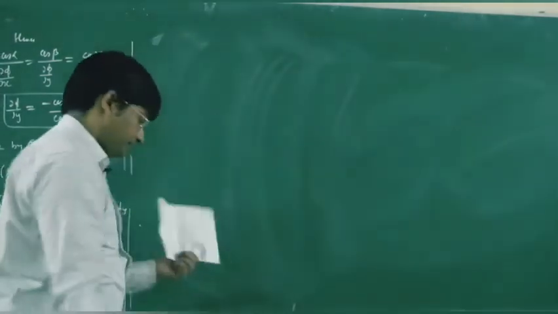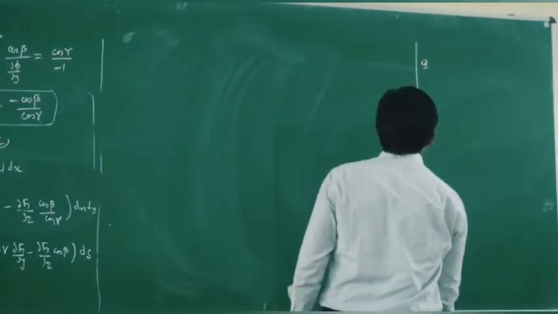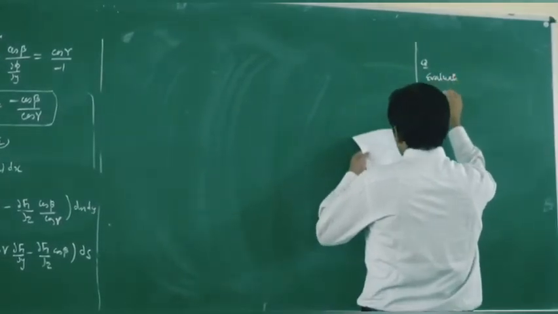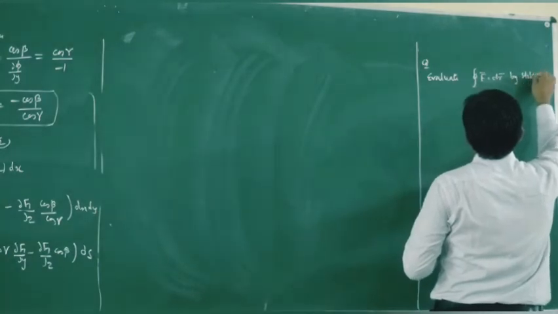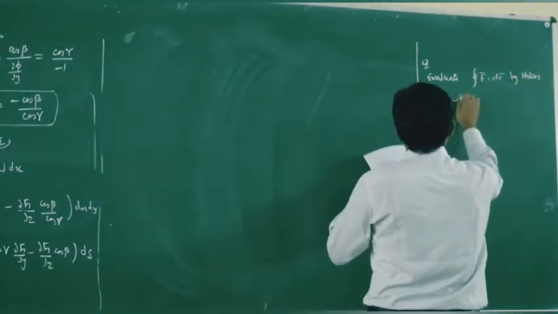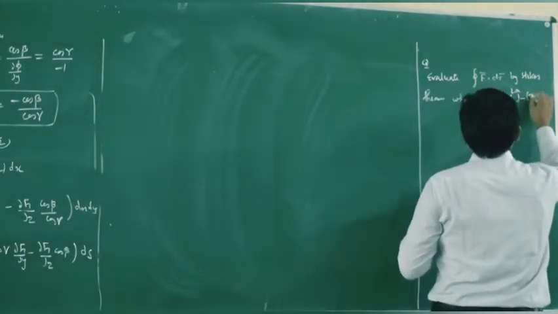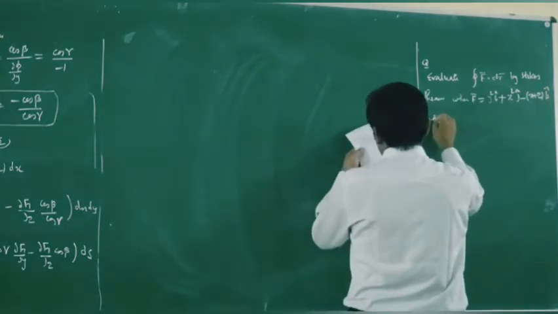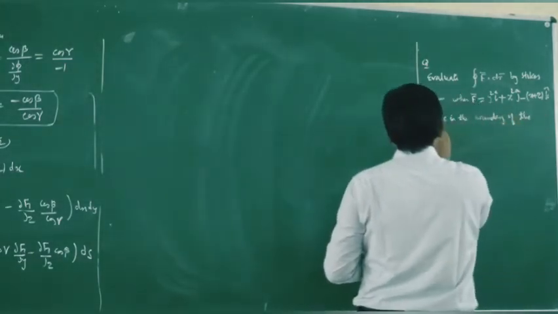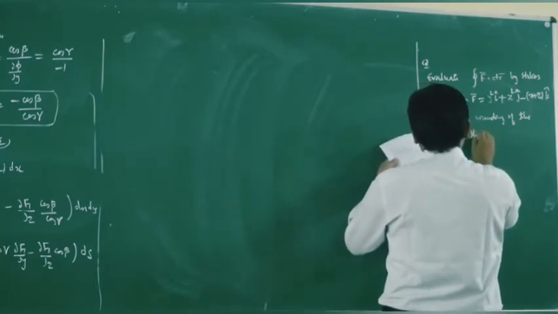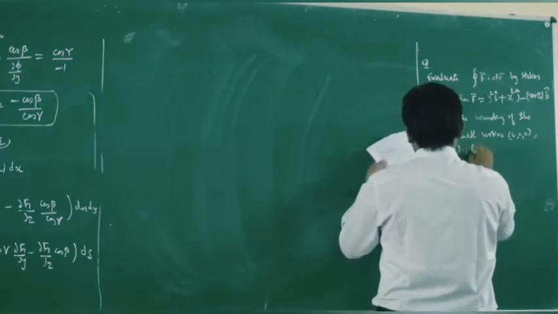So our first question is to evaluate the line integral by Stokes theorem, where your F is equal to y squared i plus x squared j minus (x plus z) k, and C is the boundary of the triangle with vertices (0,0,0), (1,0,0) and (0,1,0).